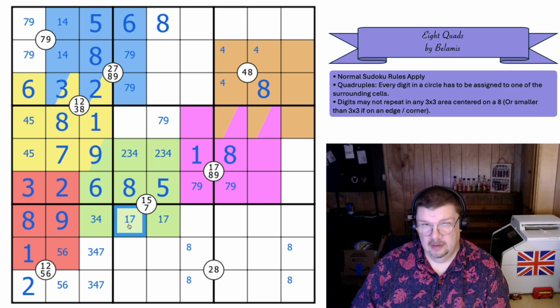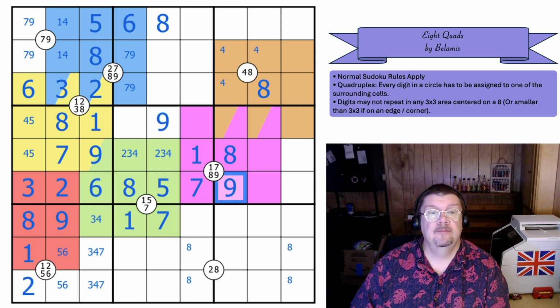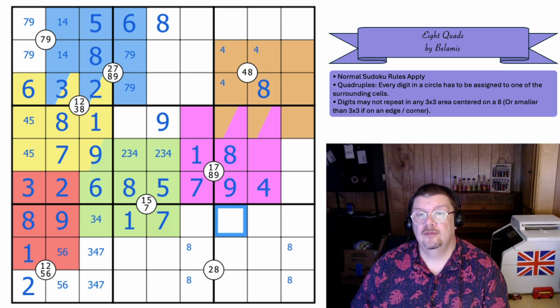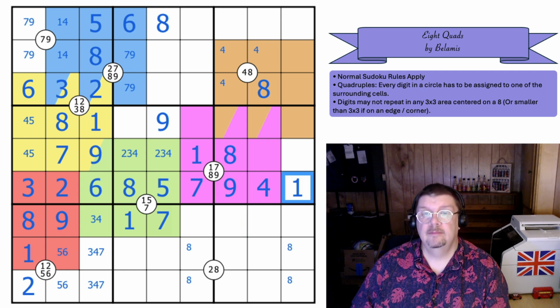This 7, 9 is looking down here, making that a 1, making that a 7. That's now 9, 7, and 9. These two digits are 1 and 4 by the row, but I've already got a 1 in pink. So that's 4 and 1.